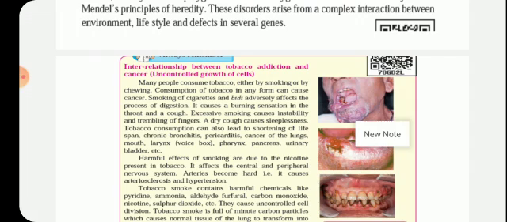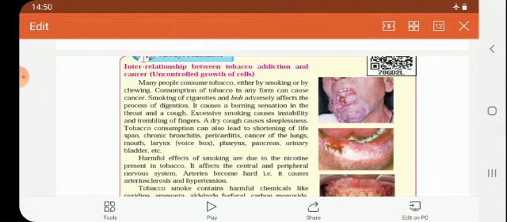The life of the person becomes shorter because it damages their lungs, and their heart also gets damaged. These people may have lung cancer, mouth cancer, larynx cancer, pancreas cancer or urinary cancer.